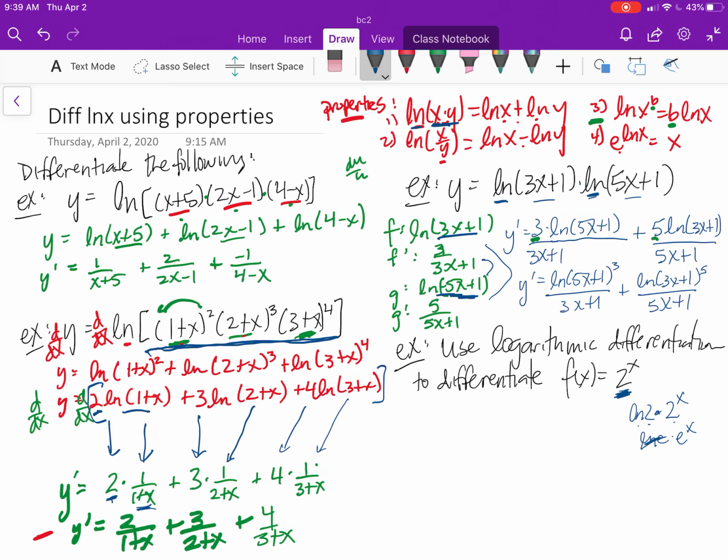So what we are doing here is showing why that is true. So logarithmic differentiation, what is the purpose behind it? First off, if we look at the first example, if I wanted the derivative of all of this stuff here, I would need a triple product rule without this natural log.